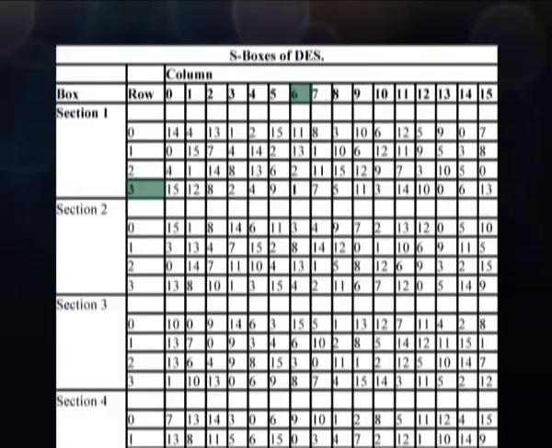So, the transformation of block B1 is found in row 3 and column 6 of section 1 of the table, and this value is 1. The value 1 is equal to 0001 in binary, which is substituted for the value 101101. This is how substitution is performed.